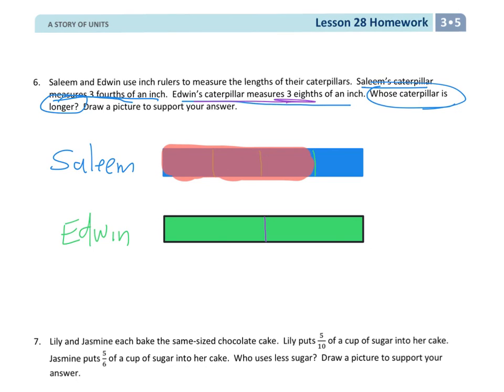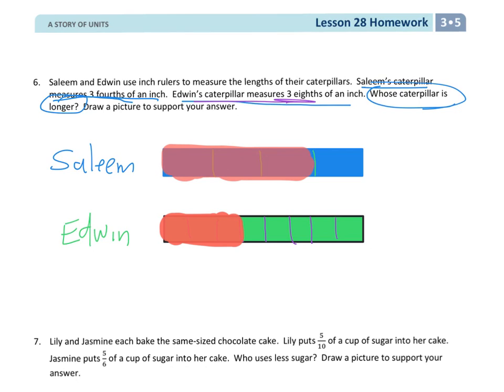So I'm going to go half. And I see that I have 8s in there now. And I'm going to shade 3 of those 8s. So there's 1, 2, 3. So that's Edwin's. So now, whose caterpillar is longer?